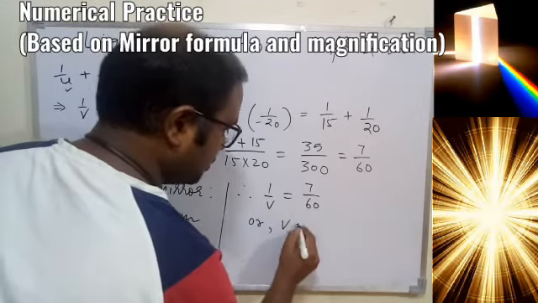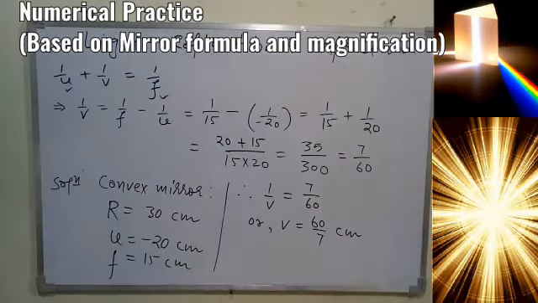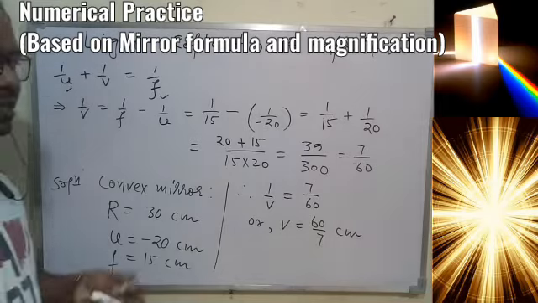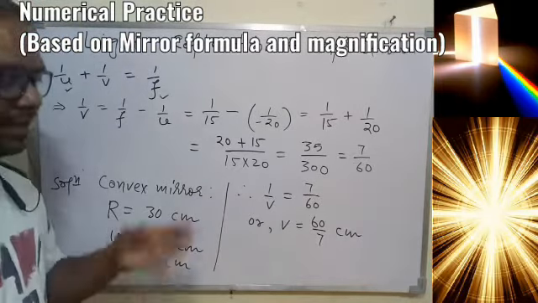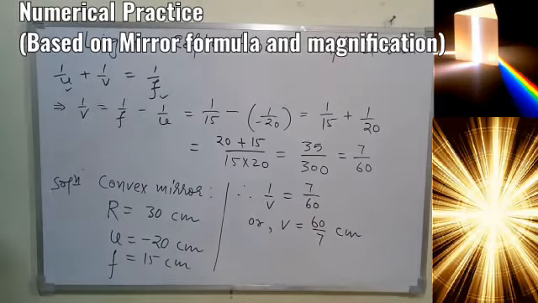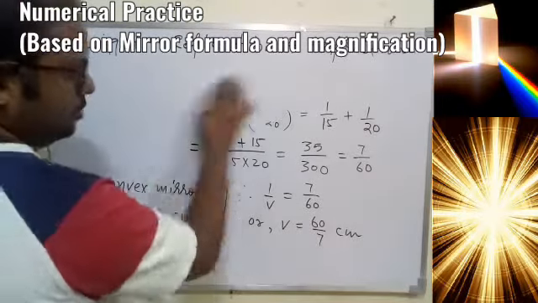So we can say v is equal to 60 upon 7 centimeter. You can divide it further to get the answer in decimal. Overall we are getting image distance positive, and we know if the image distance is positive in the case of a mirror, that image must be on the right hand side, and it means that the image must be virtual. I hope you understood this much.